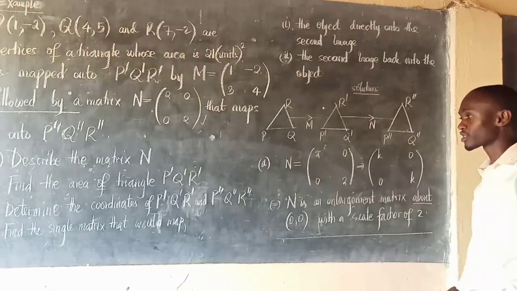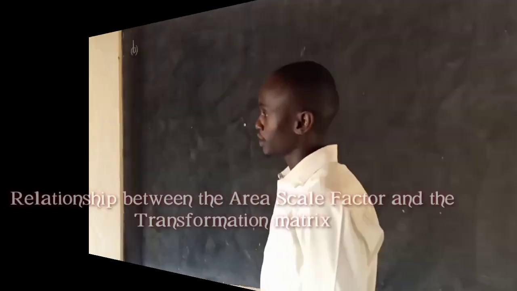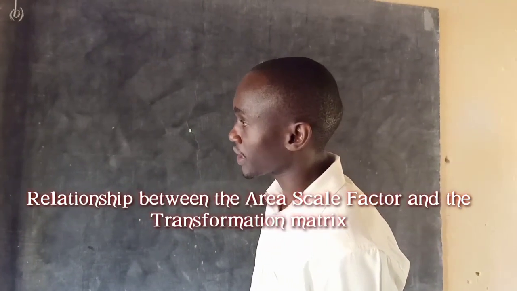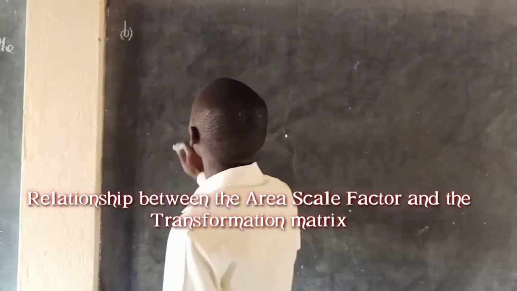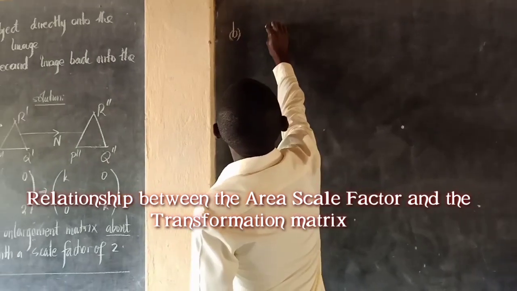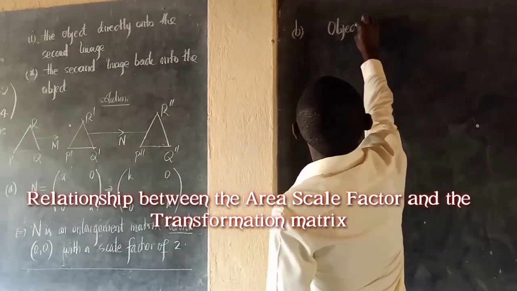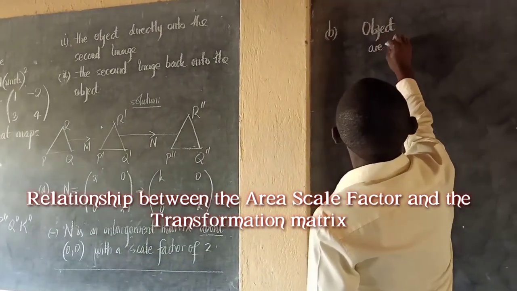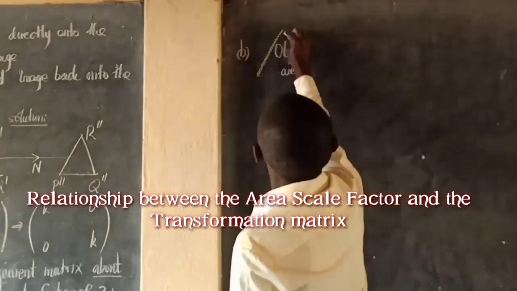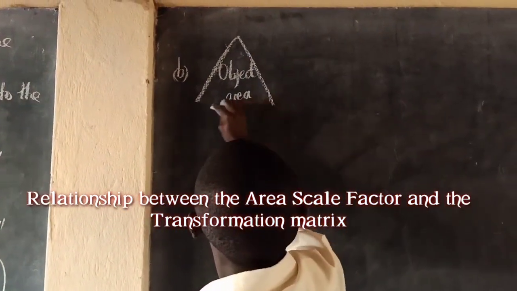This is now the concept I mentioned first. Under part B, we want to find the area of the first image. The object area is known.